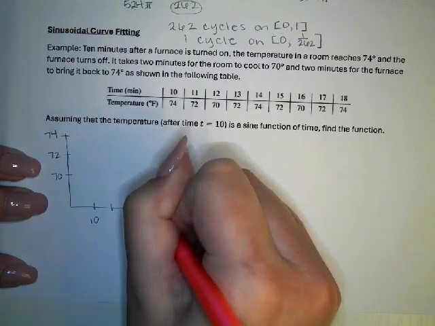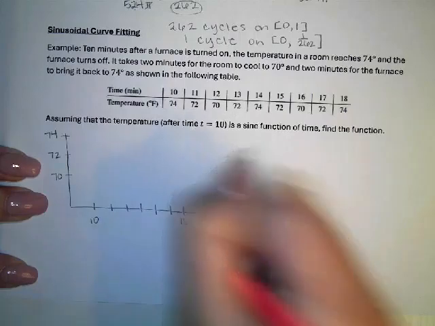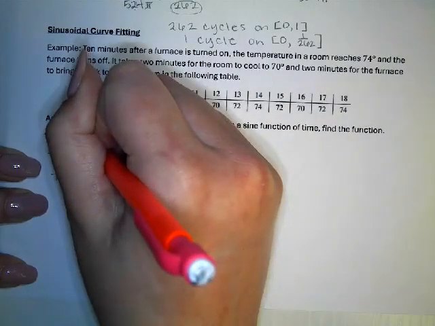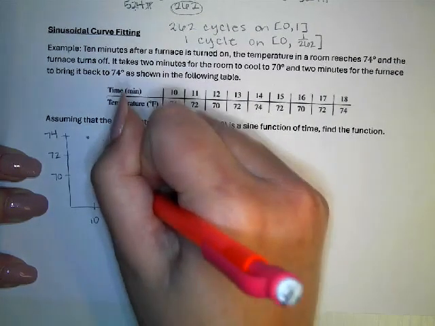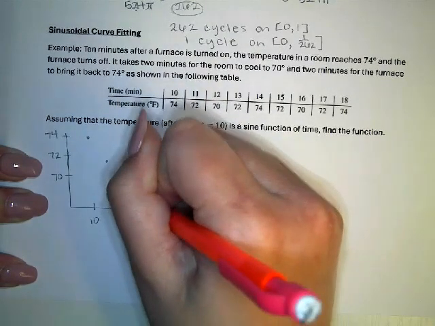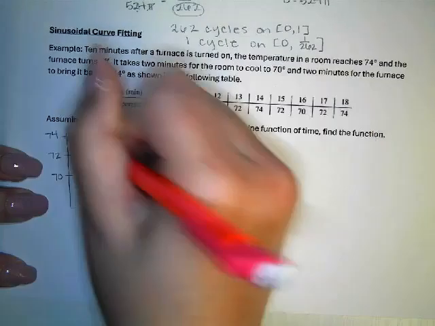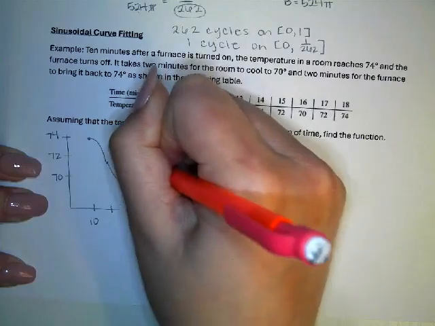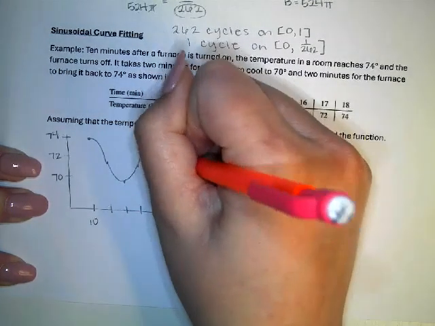So 10 is at 74. 11 is at 72. 12 is at 70, and then 13 is at 72, and 14 is at 74. Okay, I didn't do a perfect job drawing it, but it looks something like that.